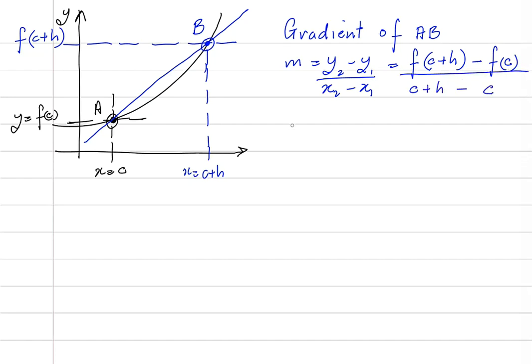So what we can see is that m, the gradient of the line AB, is equal to f of c plus h minus f of c, all over h, because c minus c is 0. Now what happens as h approaches 0?